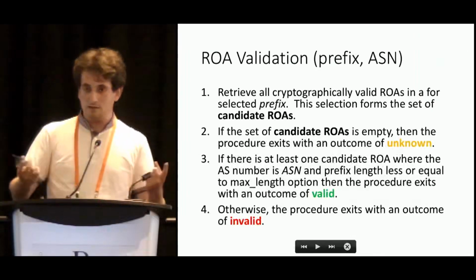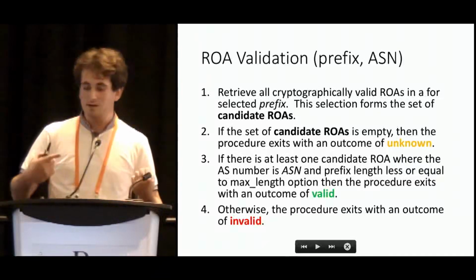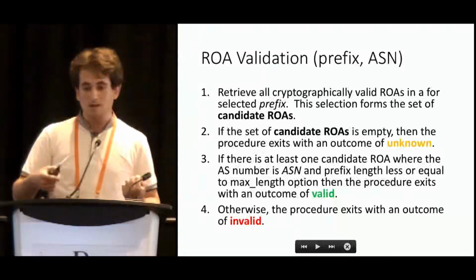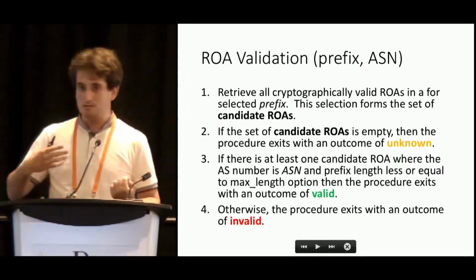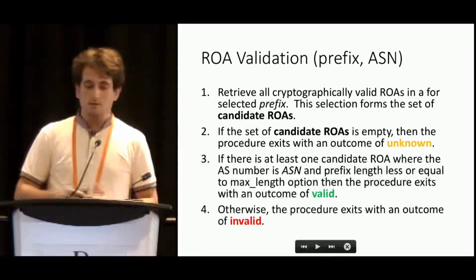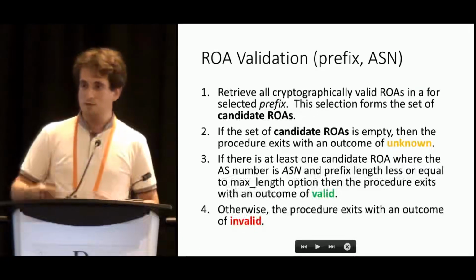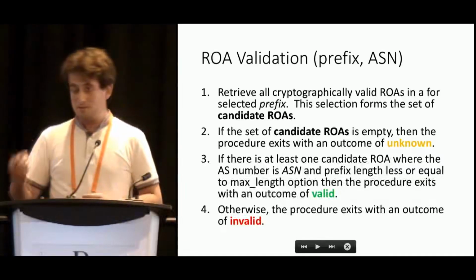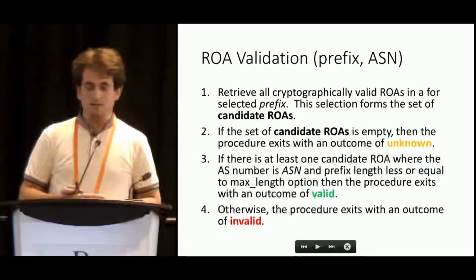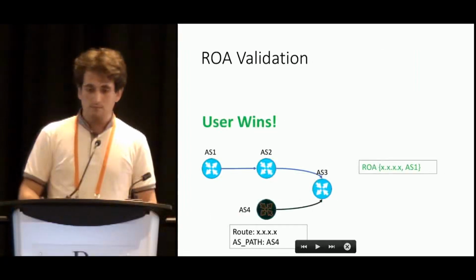It takes candidate ROAs where there is a prefix overlap with the prefix from the route. If the candidate list is not empty, it then checks whether there is an overlap between the list of autonomous system numbers and the autonomous system number at the beginning of the AS path. If there is an overlap, the outcome is valid. If there is no overlap, the outcome is invalid. So it's quite simple.